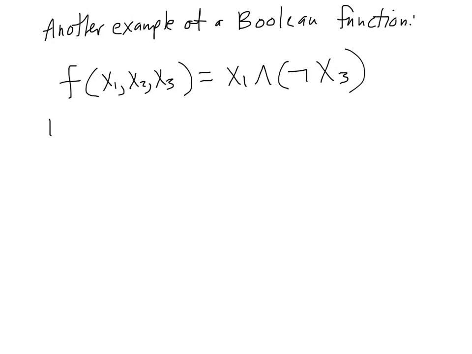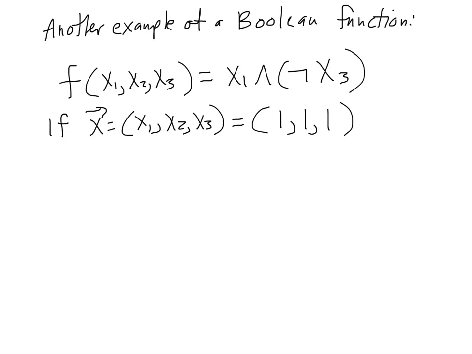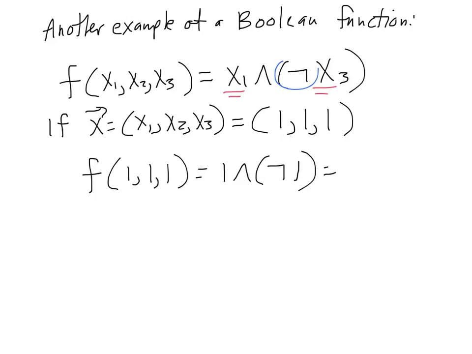So if, let's say, this vector x, which is x1, x2, x3, is equal to 1, 1, 1, then f of 1, 1, 1, well, I need both x1 to be a 1 and x3 not to be a 1, right? That's what this not here is for. Okay, so 1 and not 1, well, that's going to be 1 and 0, which is going to be a 0, right?